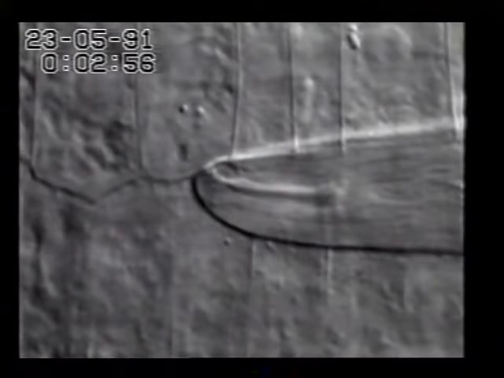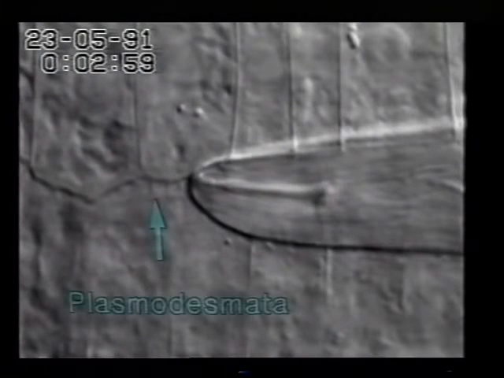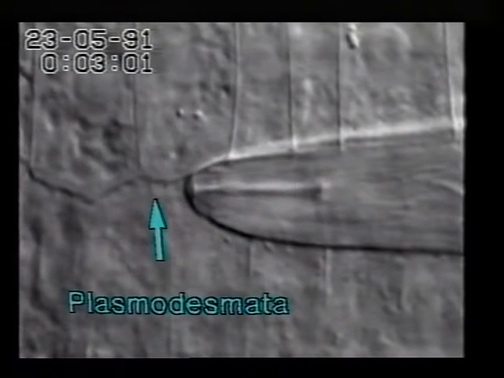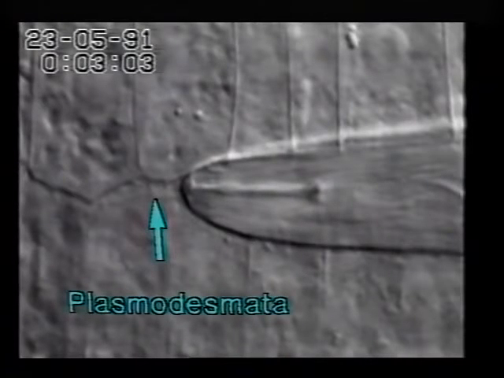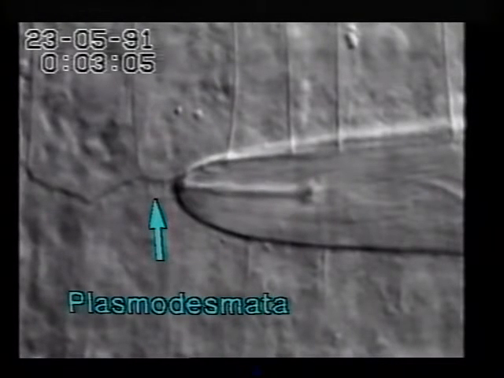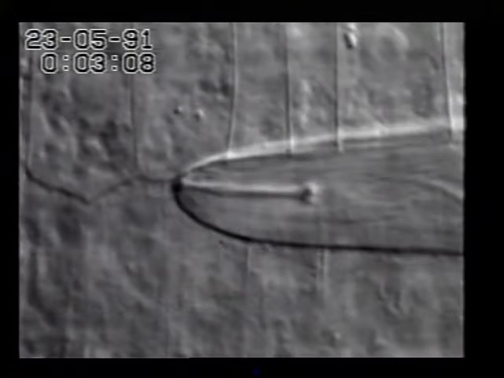At higher magnification, some more details become visible. The intercellular space is widened by the juvenile, and the cytoplasmic links between the cells, the plasmodesmata, are first stretched and later interrupted.